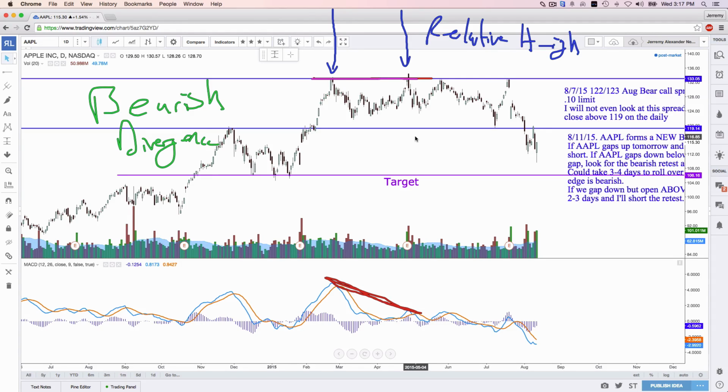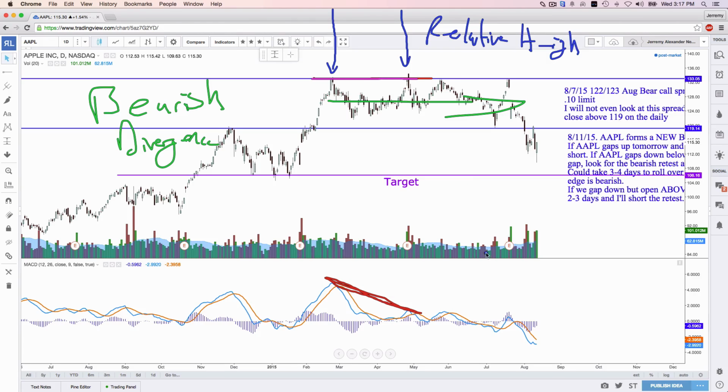Now, granted, I could use the analysis just with the candlesticks by themselves. But if you can sprinkle in the fact that there's a little bit of bearish divergence out there, it just helps you add to the puzzle piece of saying, all right, on Apple, I'm at least bearish to neutral, meaning I expect this to occur.